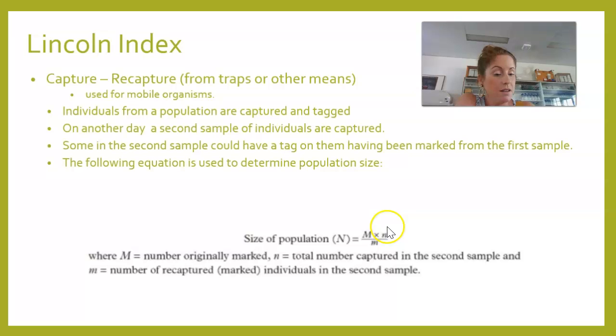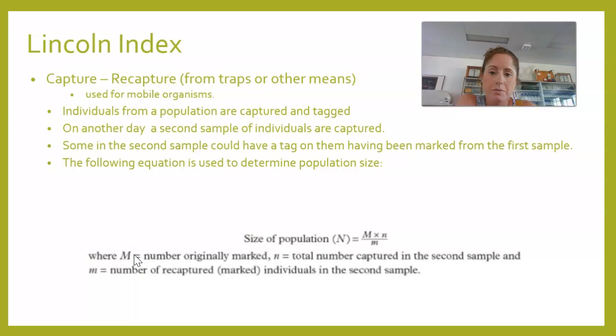So I put 10 times 10, and of those 10, 5 had a mark on them. So I'd say 10 times 10, which is 100, divided by 5, and that gives me a population size of about 20. That's just a way of estimating the population size.